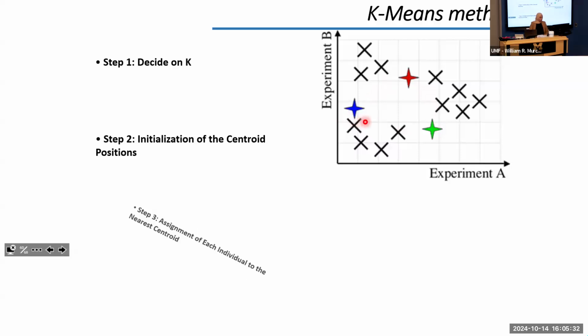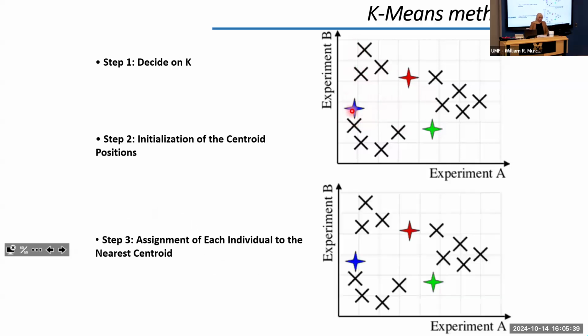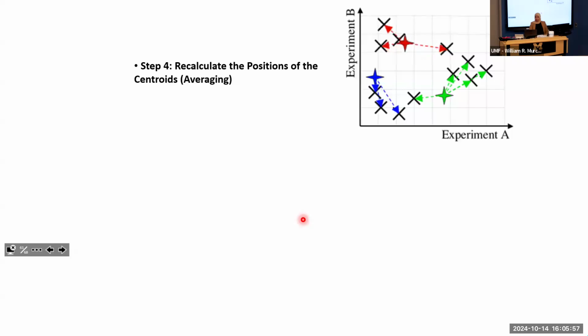And next, for each element we are going to compute the distance from the centroids, and we are going to say these are near to this one, so they are assigned to this one. Then these are near to this green one, so they are assigned to it. And these are near to the blue, and so on, okay? We are assigning. What to do later? We are going to recalculate the position of the centroids using the average each time.